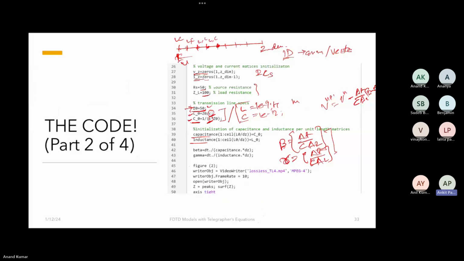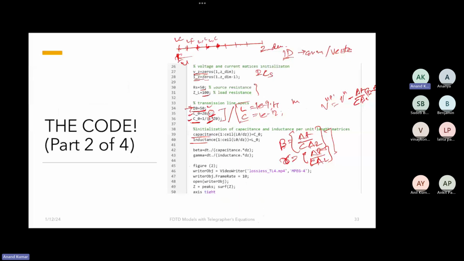At line number 39 and 40, you make an array for capacitances, 1 to cell something, and L naught divided by Z. This is the way I usually define it.